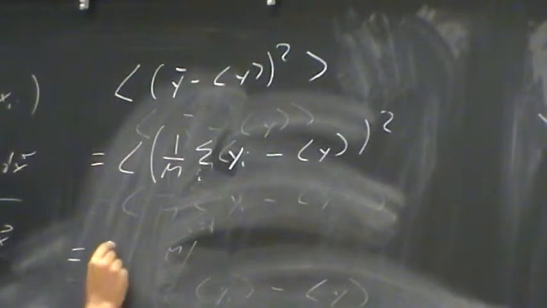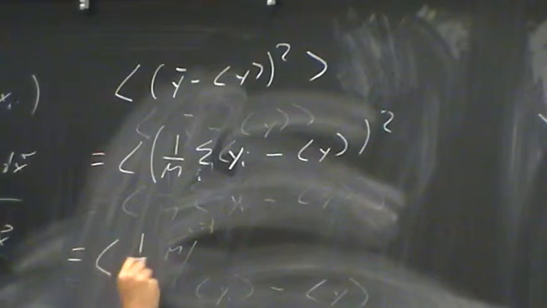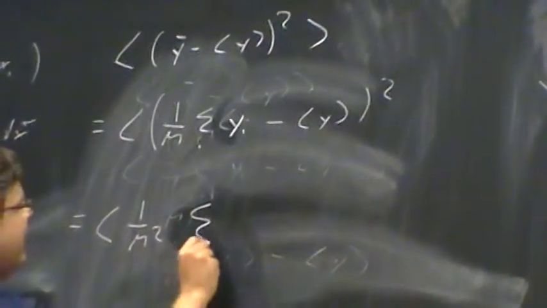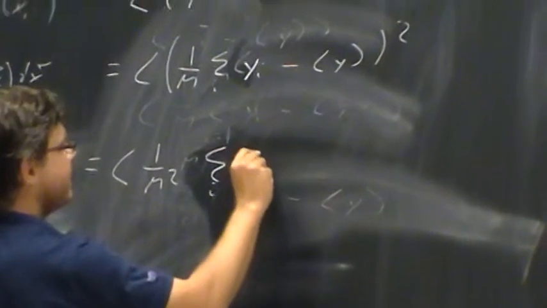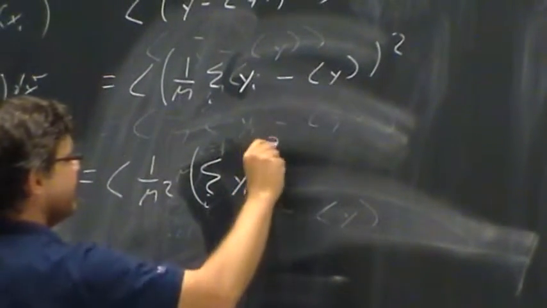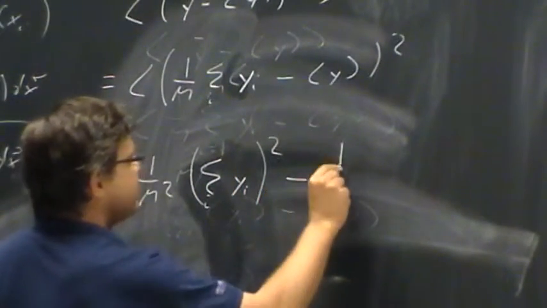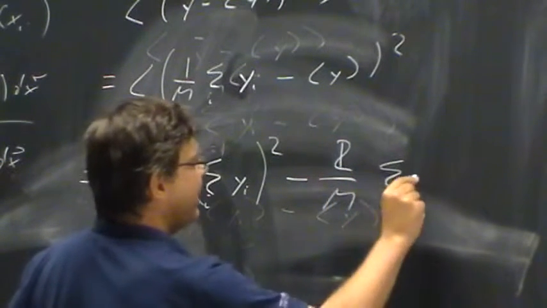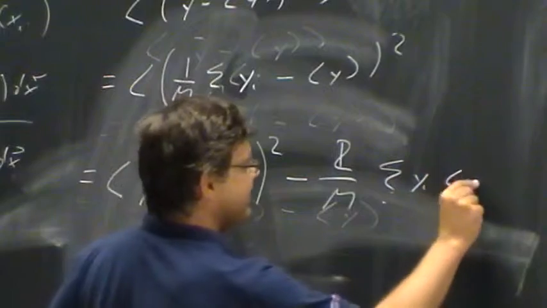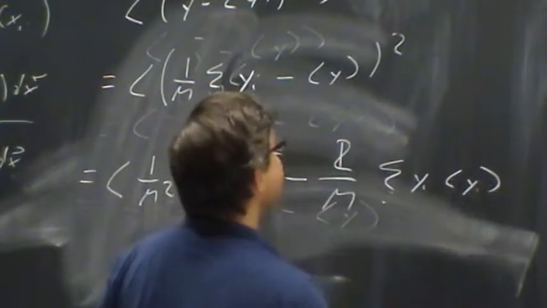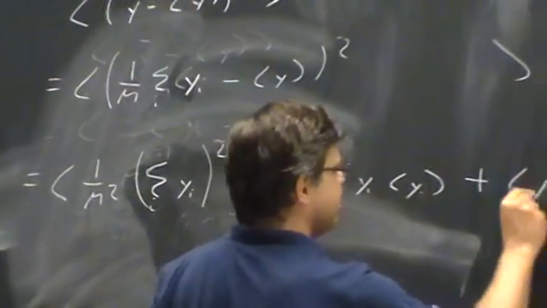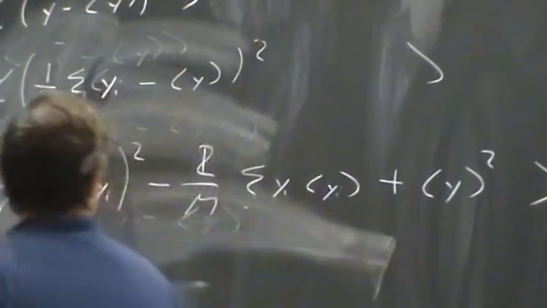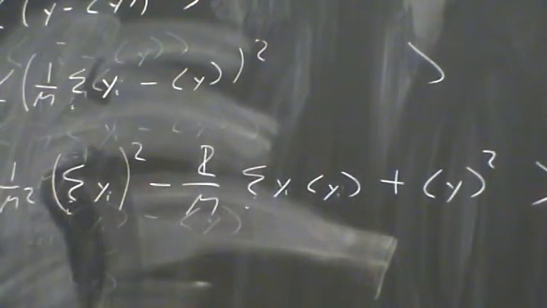If I multiply this out, then it gives me 1 over m squared, the sum over i of yi squared, minus 2 over m sum over i of yi times expectation value of y, plus expectation value of y squared. This is all linear, so let me again write this down.